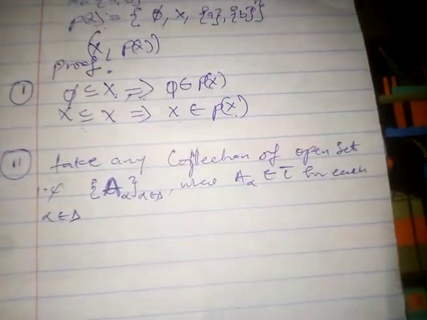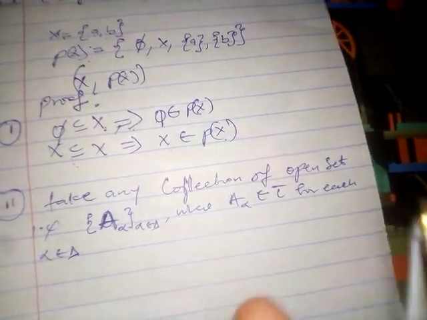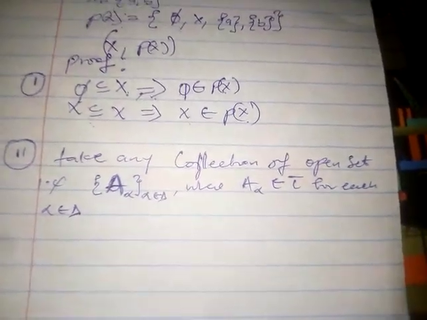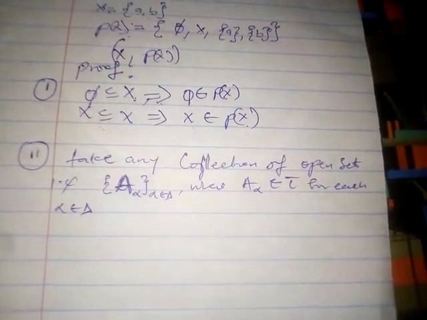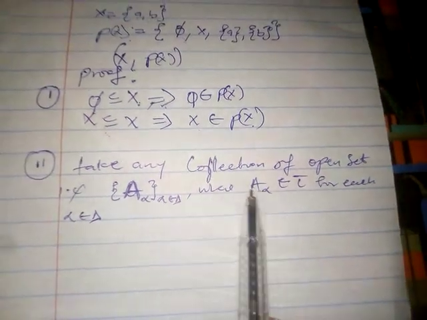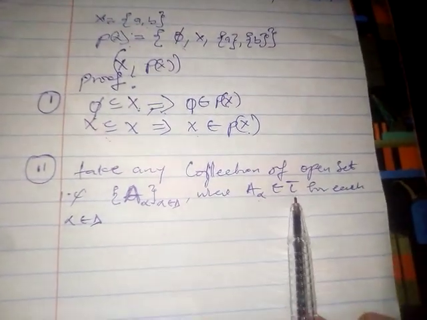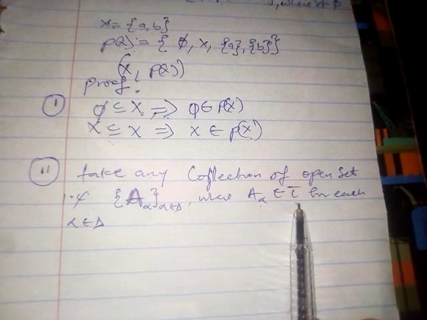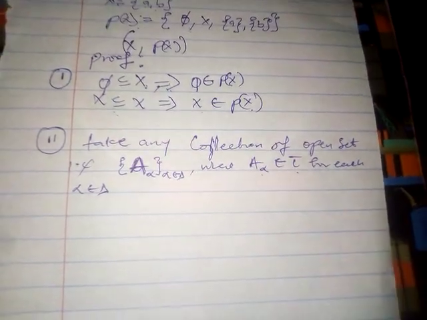For each alpha in the index set, this delta represents the index set. So take any collection of open sets, that is, the collection A alpha in the topology for each alpha in delta.